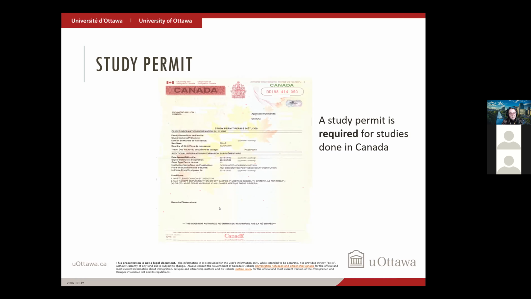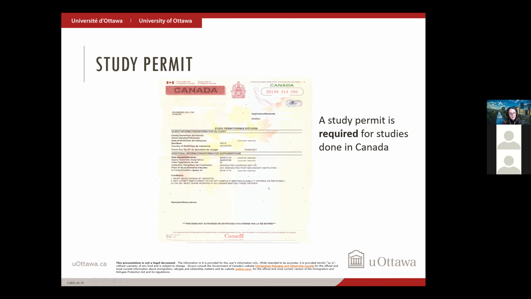You absolutely need a valid study permit if you're going to be studying inside Canada. It's what will authorize you to study, and it will also authorize you to work during your studies. You can see towards the bottom of the study permit there are conditions, and it says may accept employment on or off campus.